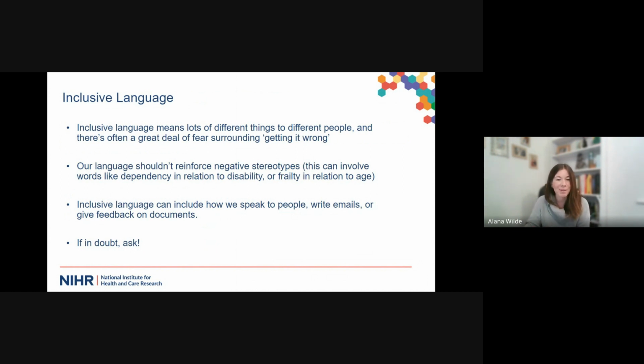People don't want to say the wrong thing, but all you can do is inform yourself as much as possible and set norms in working relationships for communicating inclusively. So that could be, for some people, sharing your pronouns when you first meet somebody, normalising that sense of them being able to do so too if they want to. And that can remove the risk of misgendering somebody later down the line.